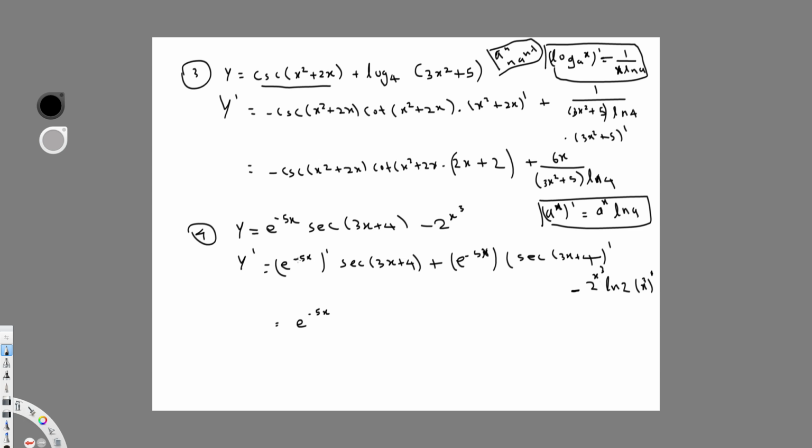But if I find the derivative of this one, it's a chain rule. First of all I have to find the derivative of e to the power of minus 5x. It's going to remain the same, and then I have to find the derivative of minus 5x separately. So it's going to be minus 5 times 1, and x to the power of 1 minus 1 is 0, so minus 5 times 1 is minus 5. So this one is multiplied by minus 5, let's put it in the bracket, and then sec of 3x plus 4 remains the same.